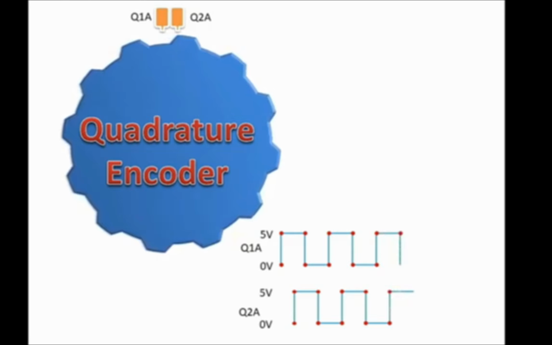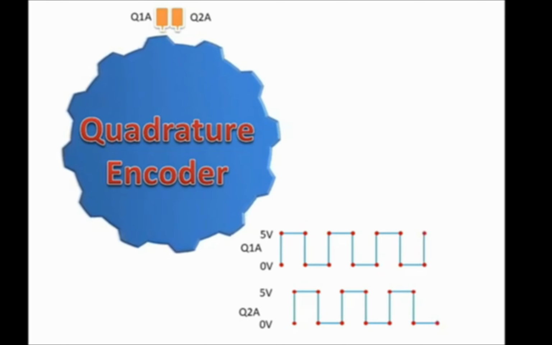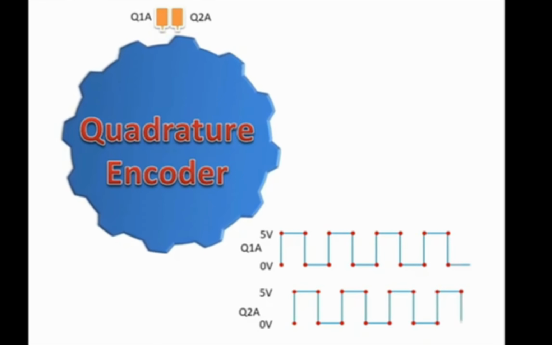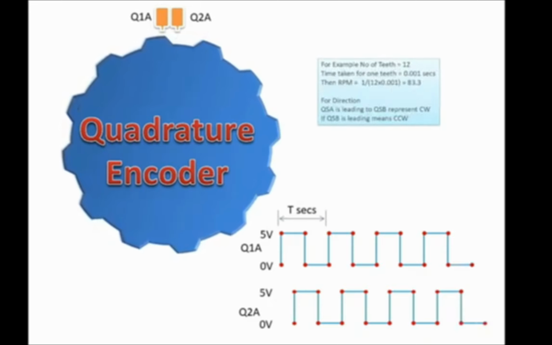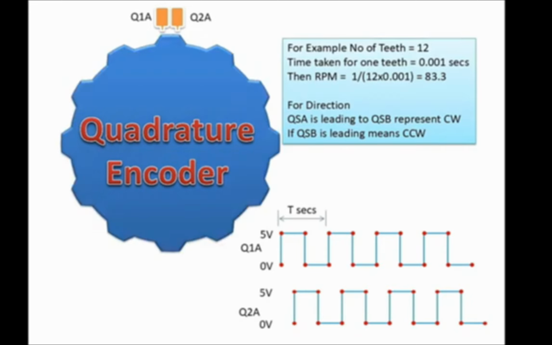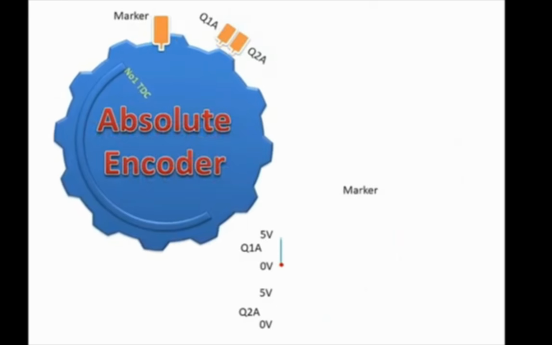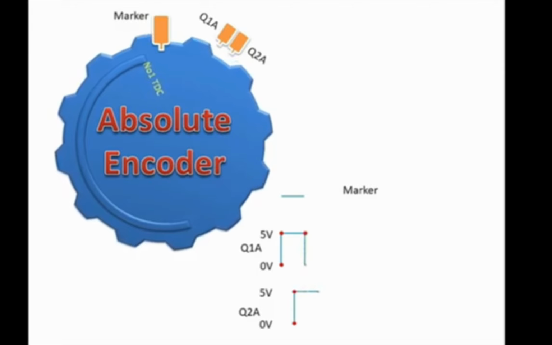According to which is leading, we can find the rotation direction of the wheel. That is the idea of this sensor. And with the timing we can also measure how much angle it has rotated. That is also possible with this quadrature sensor. And the next one is the absolute encoder, which will give the exact crank angle also.